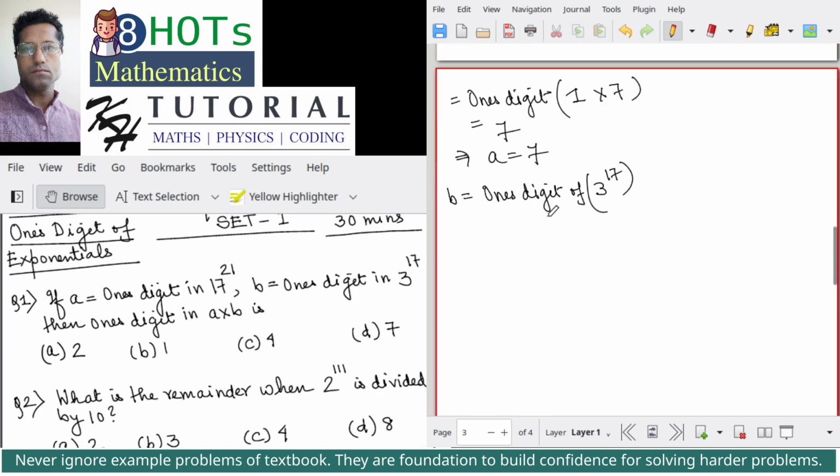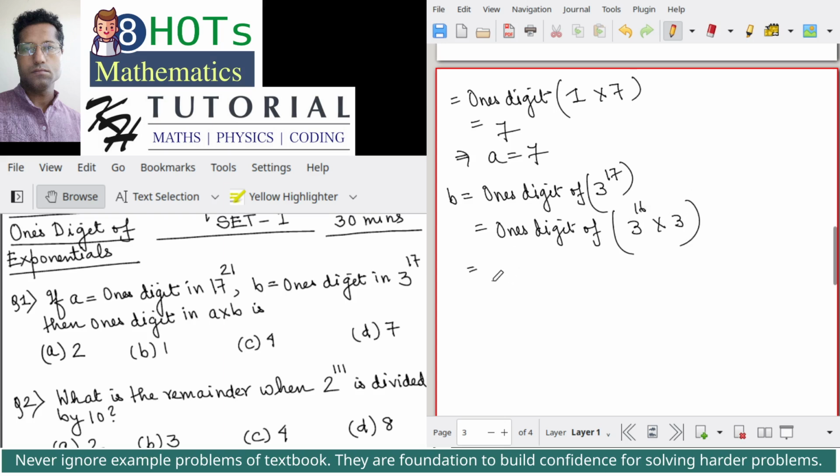So we will first try to rewrite the power 17. We will break 3 to the power 17 into two factors, both of which are powers of 3, where one power will be some number smaller than 17 but a multiple of 4, which is obviously 16. So we can write the ones digit as that of 3 to the power 16 multiplied by 3.